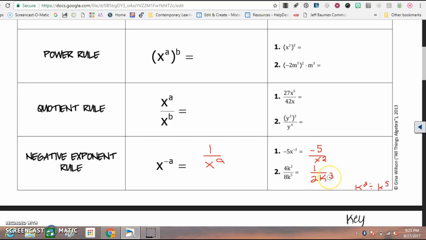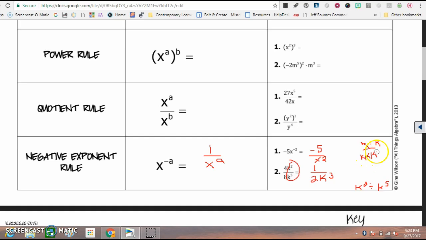Remember, that's how we get rid of that negative exponent, which also makes sense because if you were to really think about this part of it here, this means I have k times k on the top. And I have 5 k's on the bottom. Okay, bear with me.